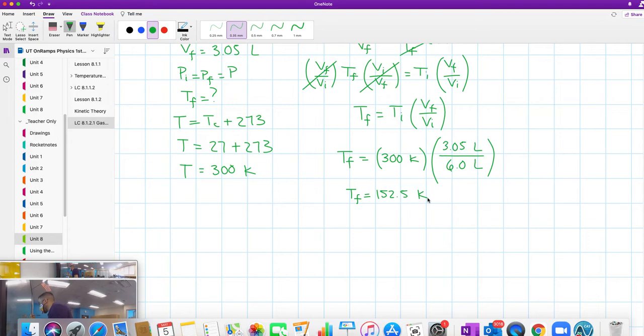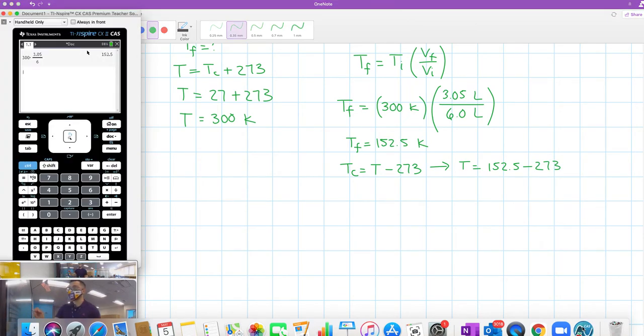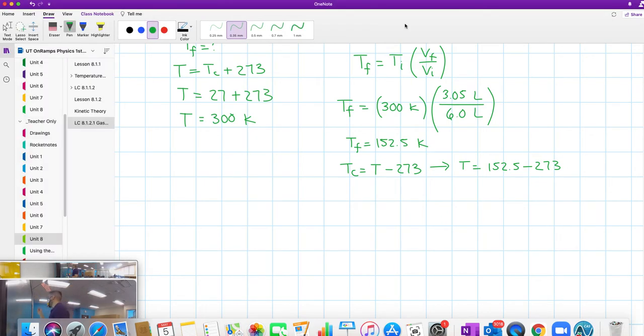So we know that temperature in Celsius equals temperature in Kelvin minus 273, meaning 152.5 minus 273, negative 120.5. That is the temperature in Celsius.